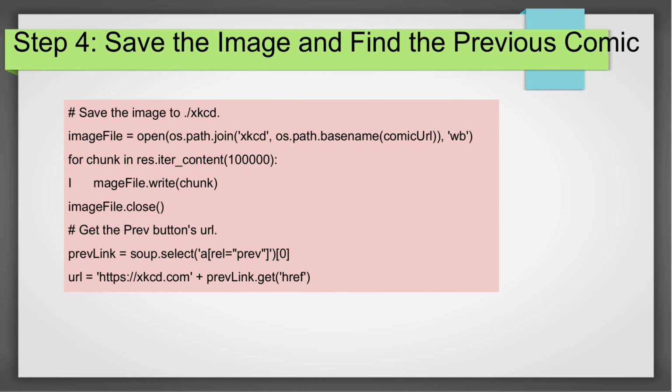The image is now saved to your hard drive. Afterward, the selector identifies the a element with the rel attribute set to prev. And you can use this element's href attribute to get the previous comic's URL, which gets stored in url. Then the while loop begins the entire download process again for this comic.